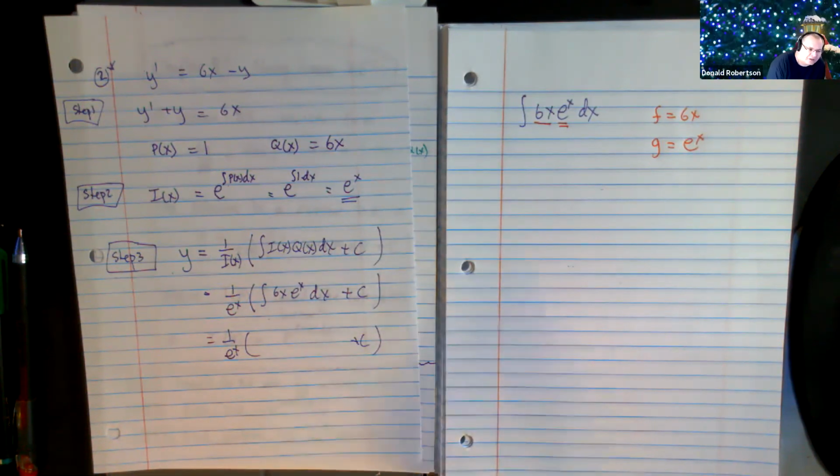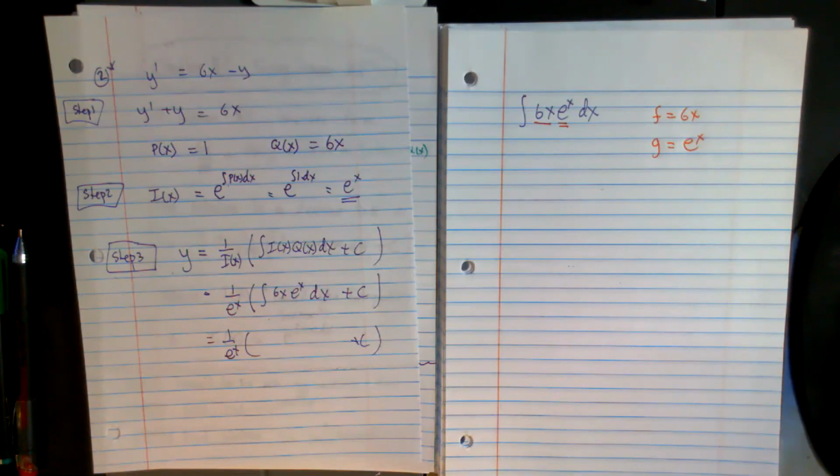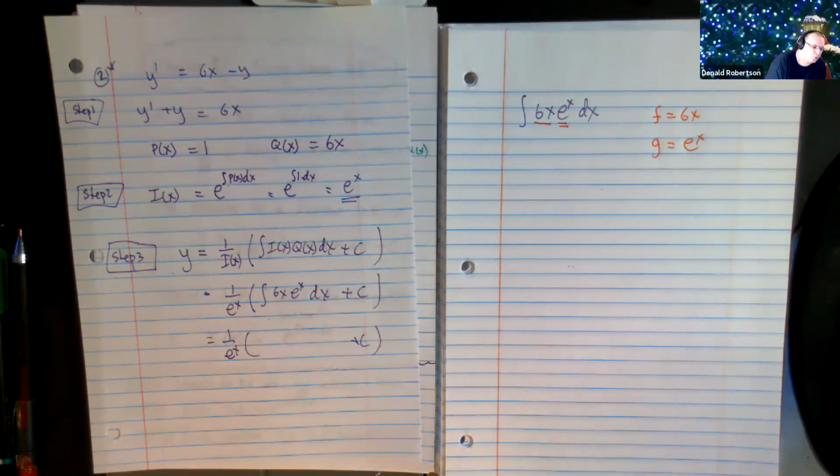Why do you know that's the right one? Maybe you've just done so many, your brain tells you. You want to make G the one that doesn't change when you integrate, or changes the least, or is doable as well.